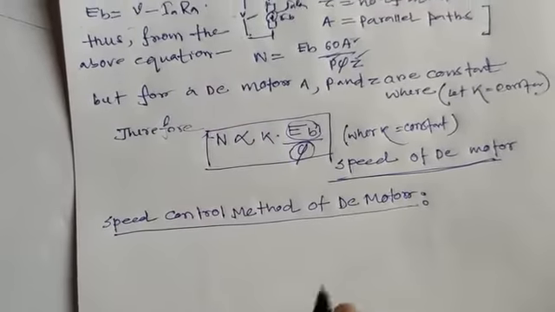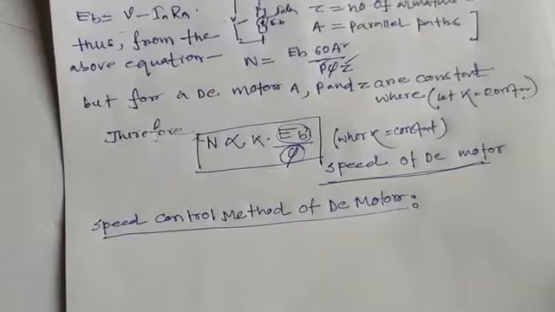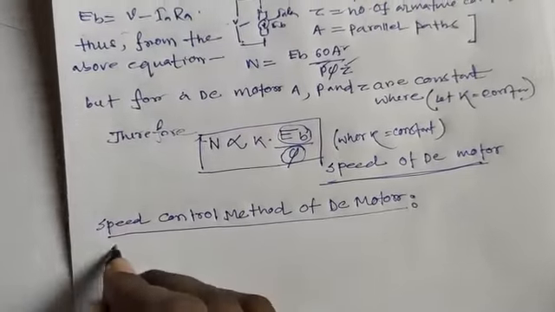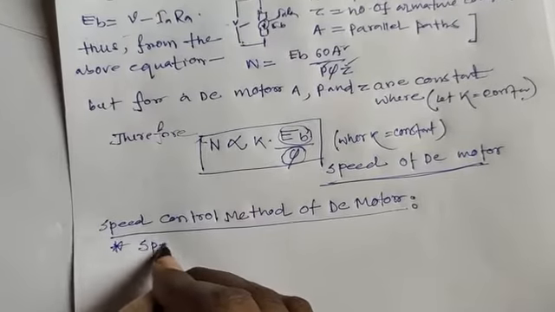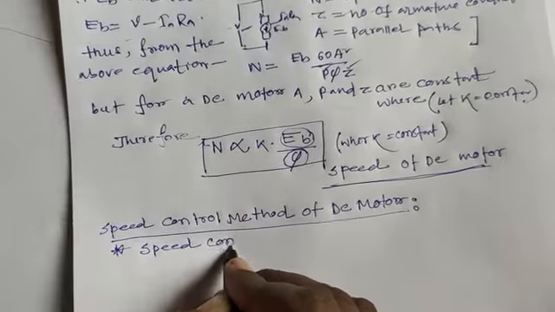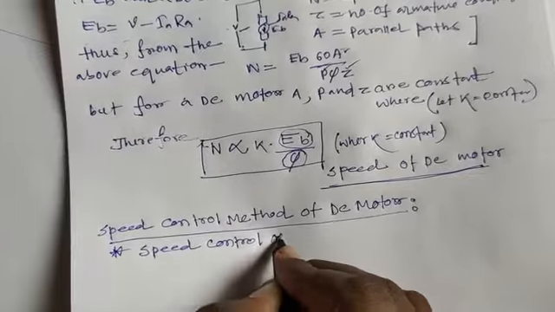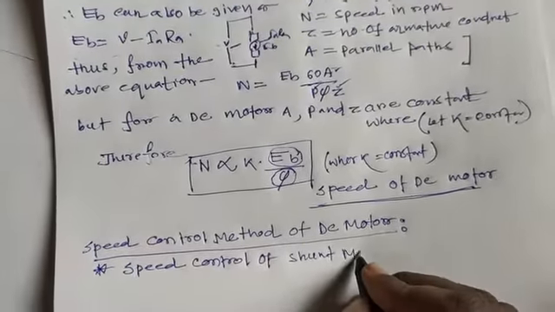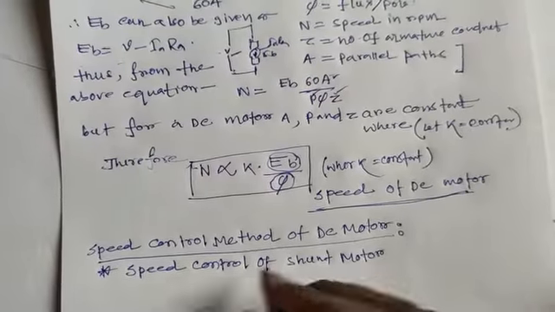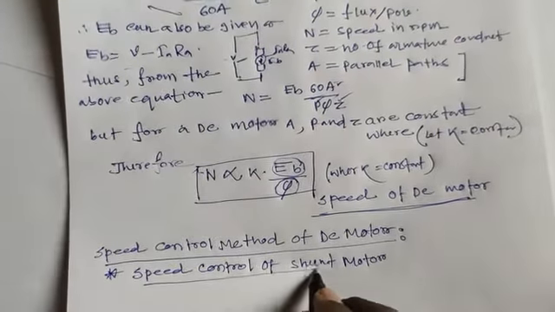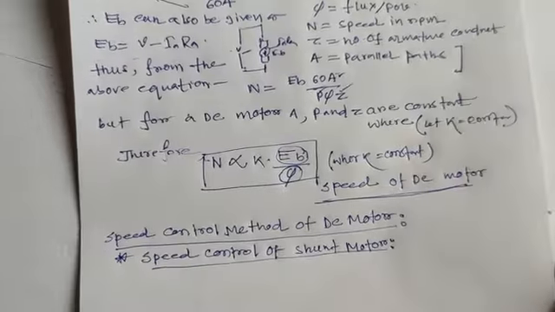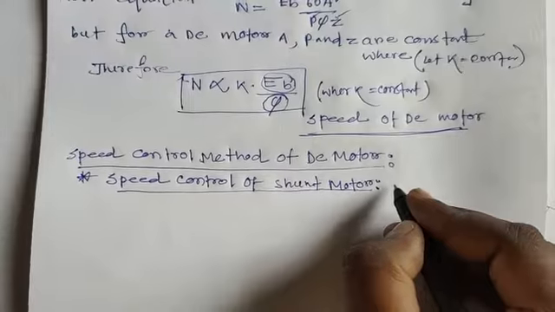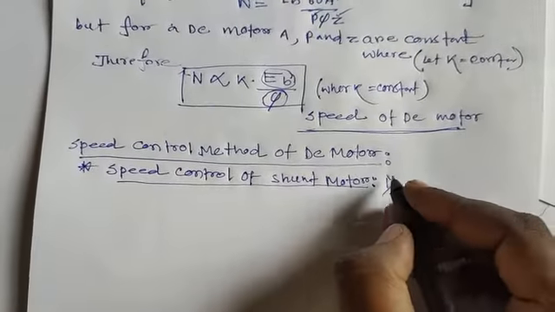We know that DC motors are mainly three types: series, shunt, and compound. Firstly, I will discuss the speed control of shunt motor. Three types separately I will discuss. First I will discuss speed control of shunt motor. Speed control of shunt motor is divided further into three types.